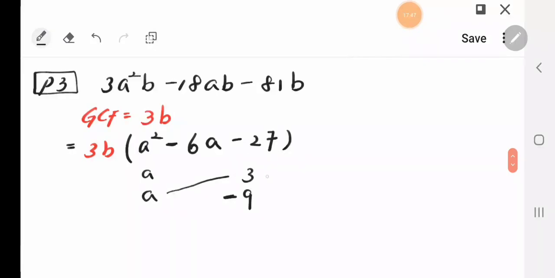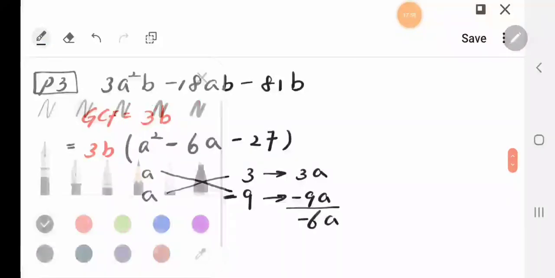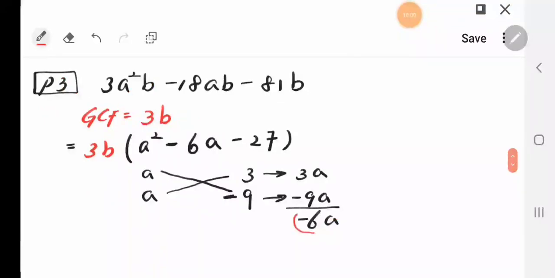Then do the cross multiply. So this will be 3a, and this will be negative 9a. Then the sum is negative 6a. Bingo! We found the match, because the sum is negative 6a, which is the same as the second term.